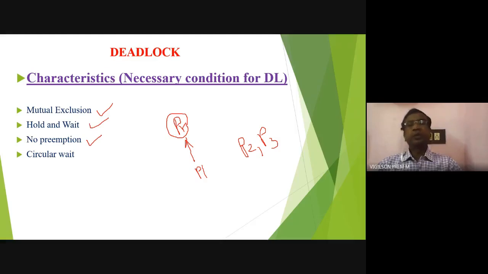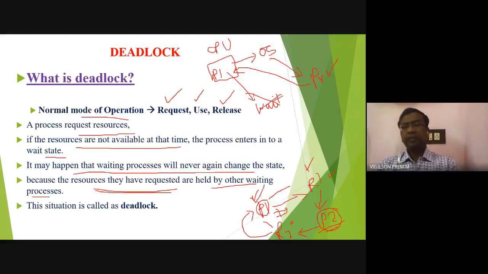And the last one is circular wait. In the same example, everybody is depending on other processes: a process requests a resource allotted to another process, waiting for another resource allotted to some other process. They form a circular wait.